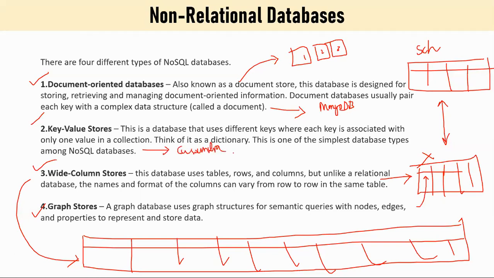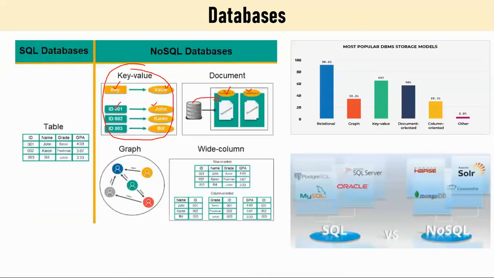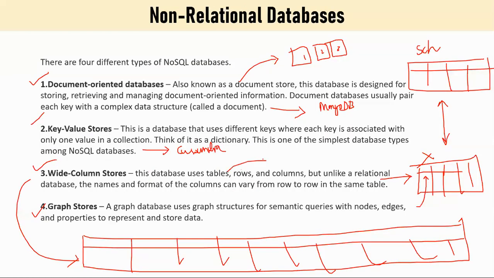Like MySQL and PostgreSQL for the relational, MongoDB for the document-oriented database, Cassandra for the key value, and, I almost forgot, HBase is for the wide columnar database, and this is for the Solr.